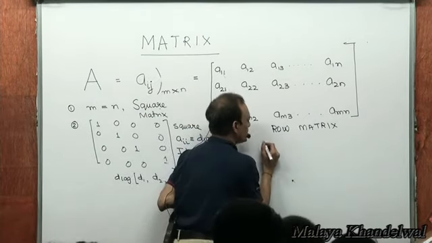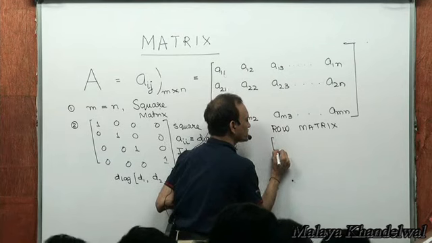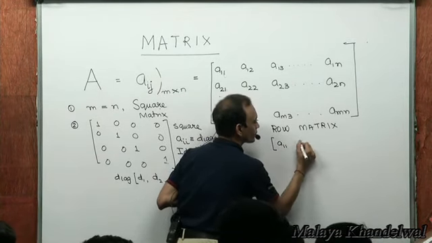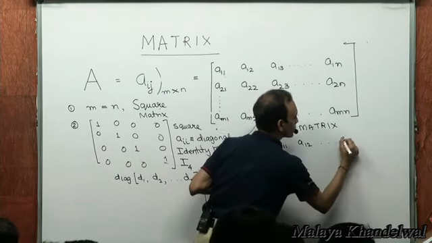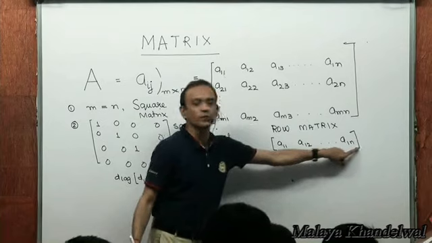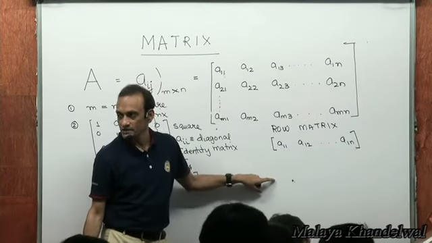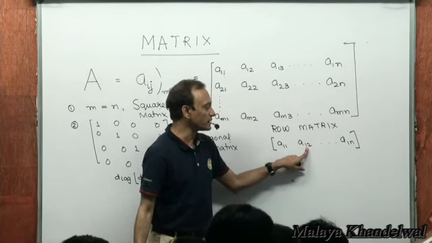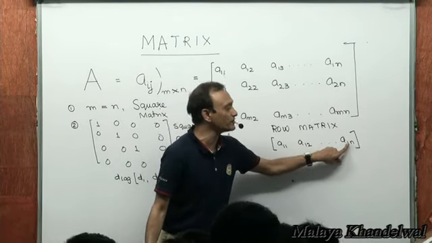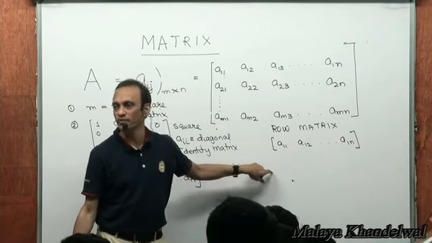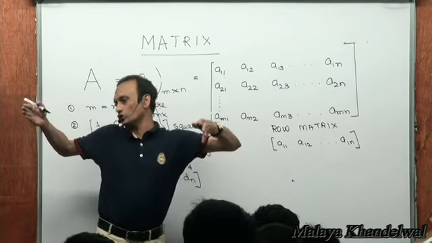Say, a row matrix could be, for example, a matrix like this. It has one row and n columns. That's a row matrix. A11, first row, second column, first row, third column, first row, nth column. That's a row matrix. Collection of elements along a row.